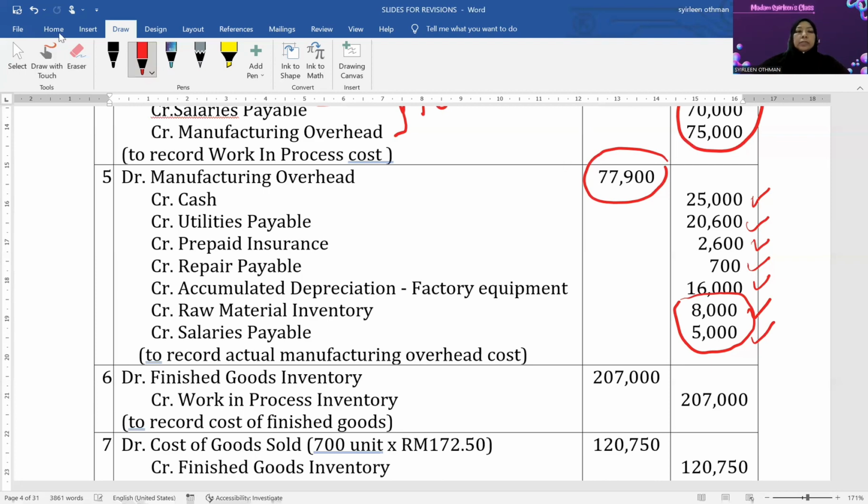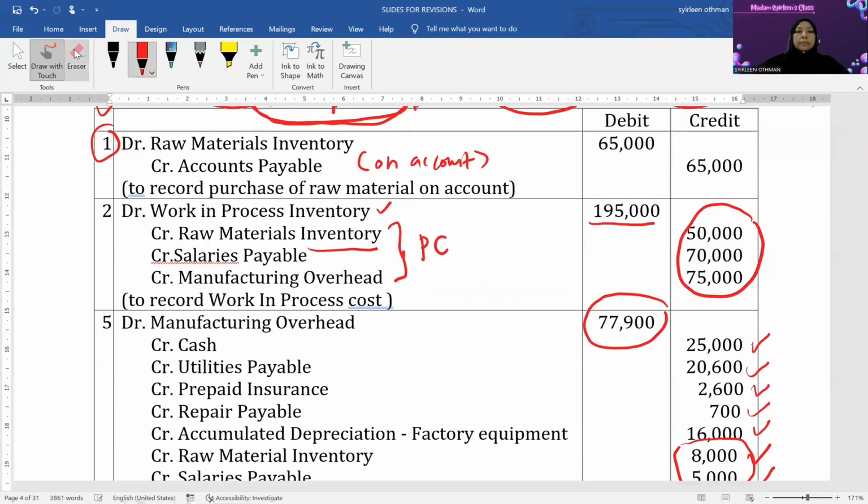So here as you can see, I have 77,900. This is my actual manufacturing overhead. And I have 75,000. This is my applied MOH. So right here I can already determine whether I have over applied or under applied MOH.